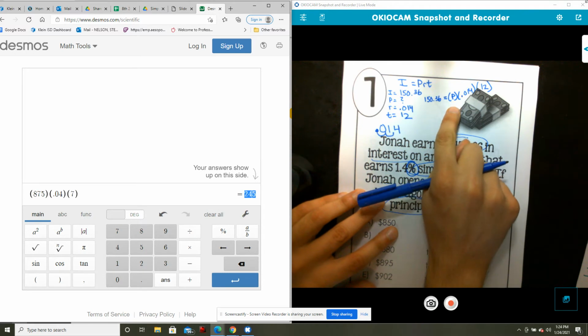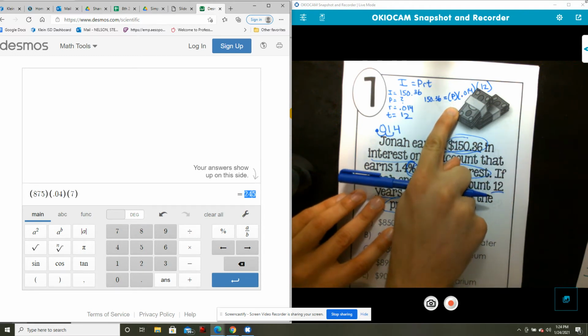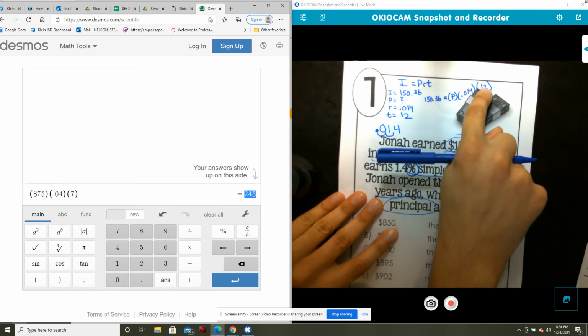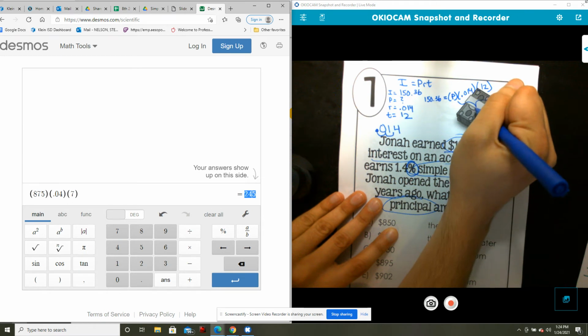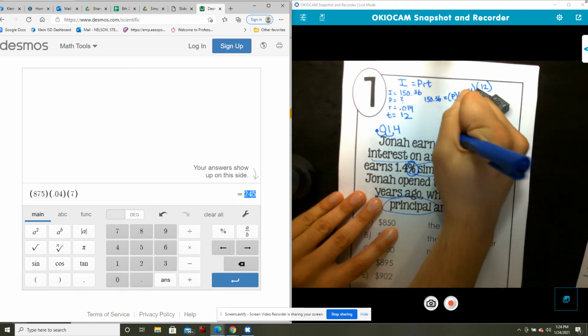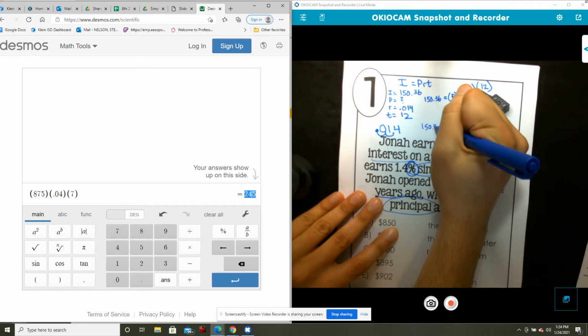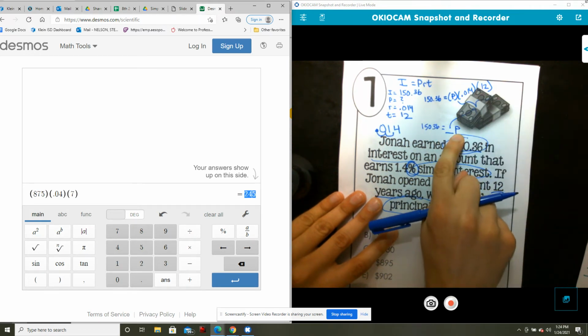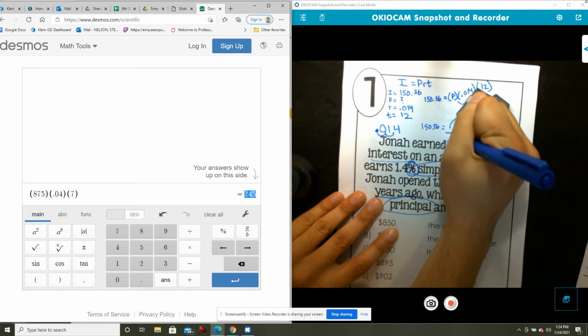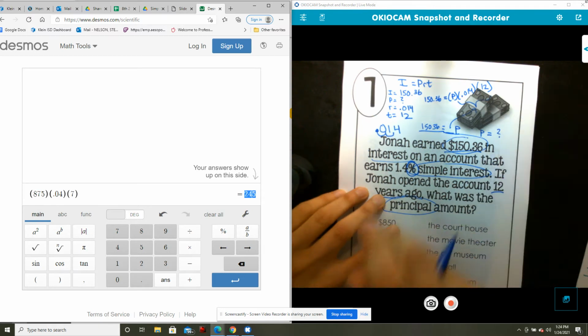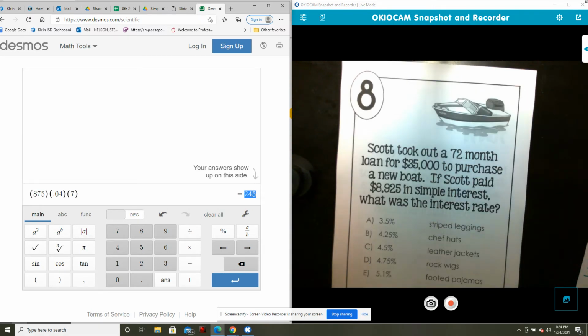Whichever number you get, it's going to be multiplied by P. So now it's using solving equations in order to solve for P. Whatever you get from multiplying these two is going to be multiplied by P, and it's going to be 150.36 is equal to that number times P. And then you're going to divide by that number, whatever that number is. That's going to isolate P and get you the amount of principal. So that's how you solve for that question.